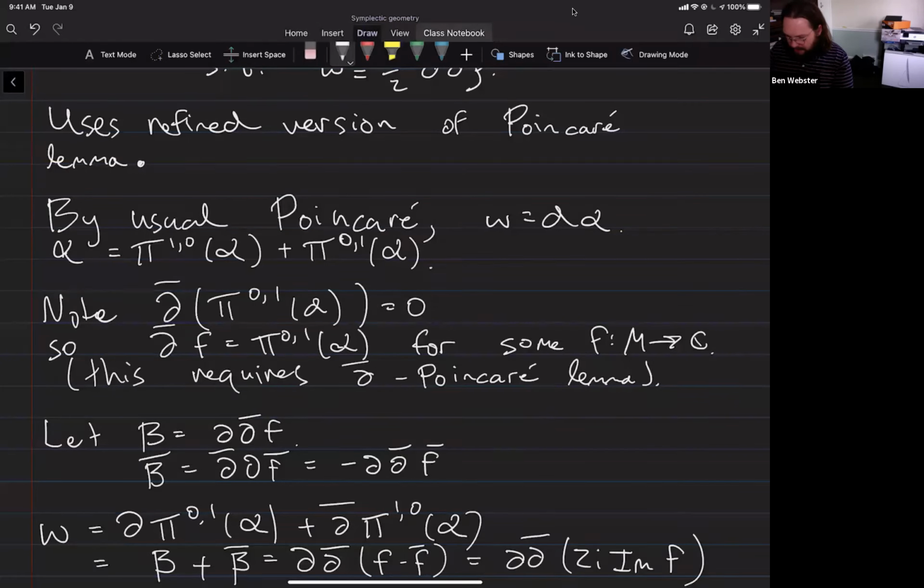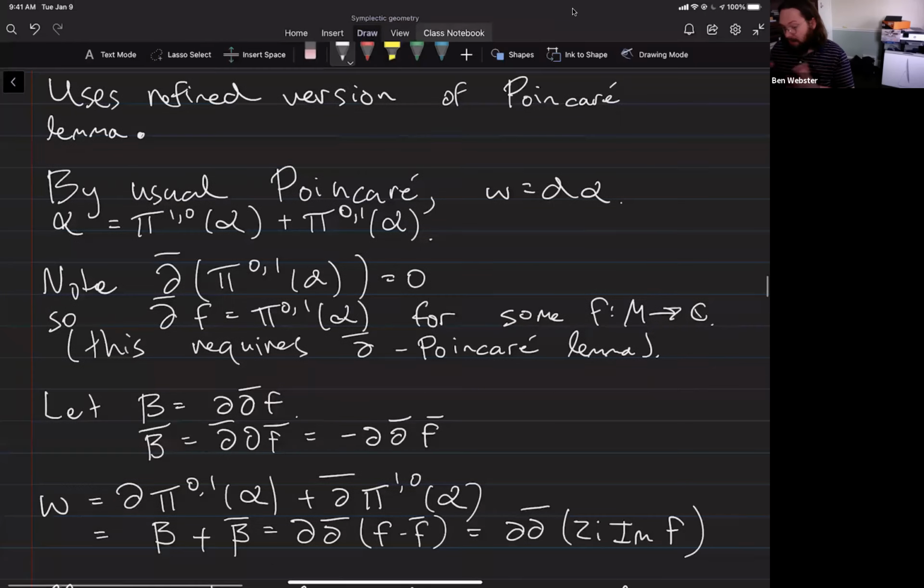So this 0,1 component can be written as del bar of some function. One of the things you have to keep track of carefully here is alpha was real valued, but when I split it into its complex linear and complex antilinear parts, I started using complex coefficients. So alpha is complex valued, f is going to be complex valued. And the existence of that requires a del bar version of the Poincaré lemma, which is true, but which we're definitely not going to prove.